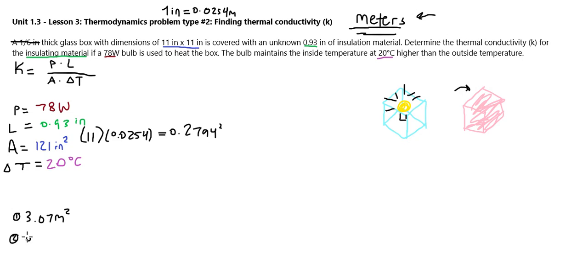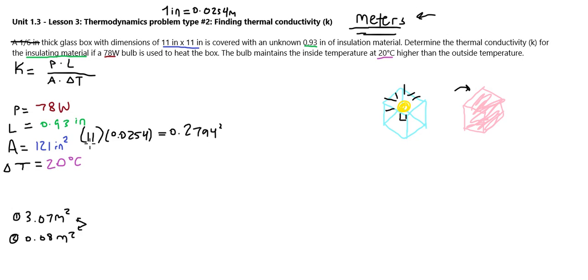We get 0.08 approximately meters squared. You can see that these two answers are completely different. You do not want to make the mistake of doing 11 times 11 and then multiplying it by the conversion factor. You have to do it separately.